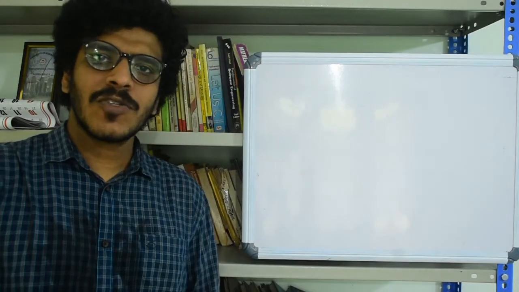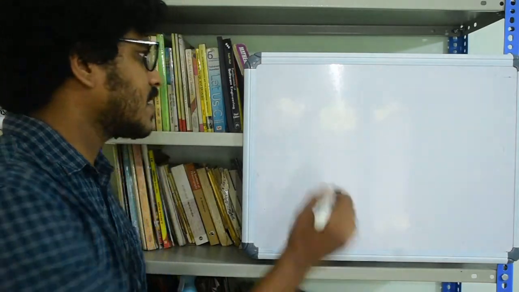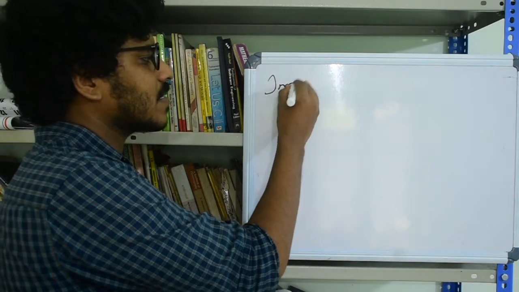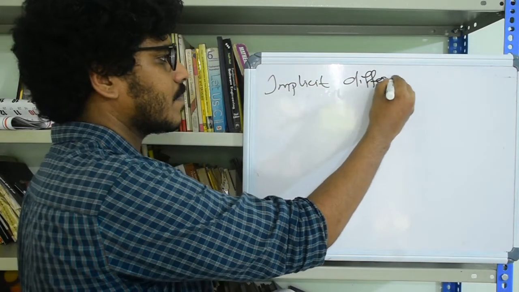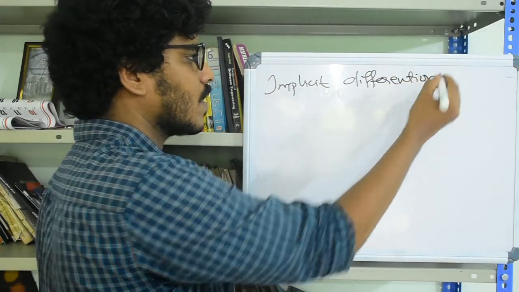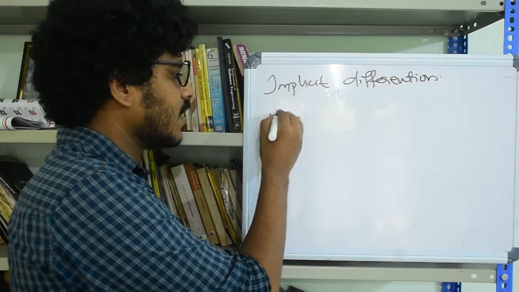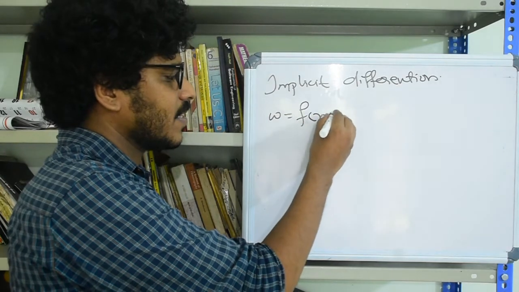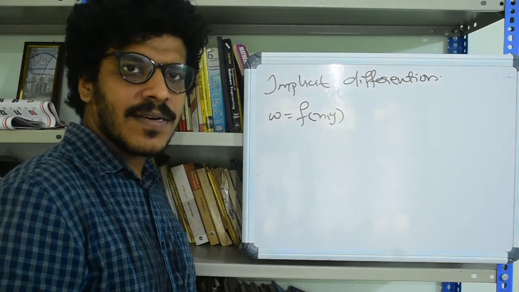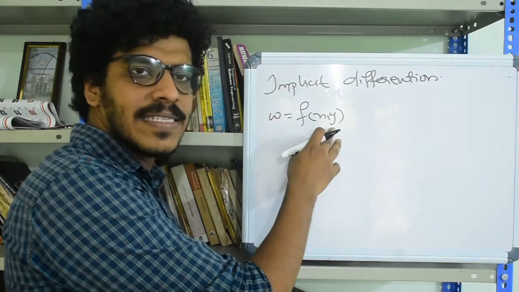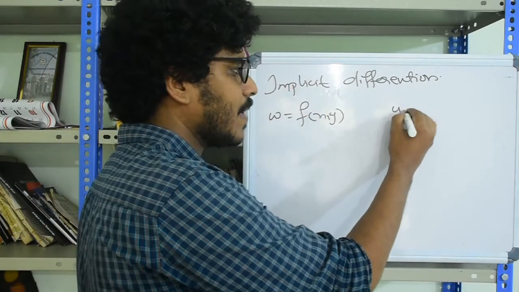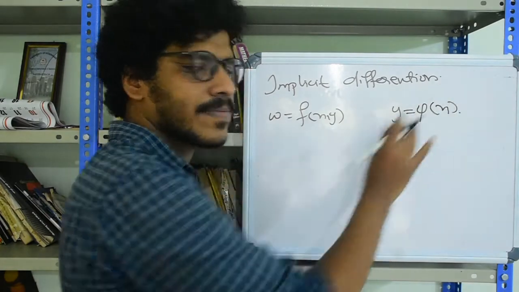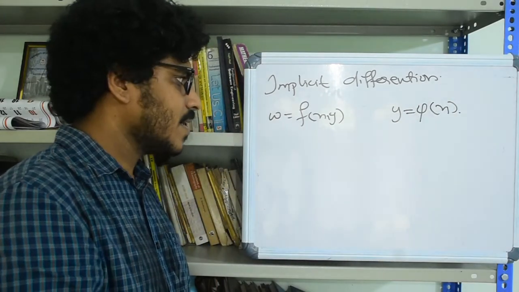So now one last topic for this session, which is implicit function and implicit differentiation. Suppose we have a function w equal to f of x, y, where y is an implicit function of x, which means y can be identified as a function of x, implicitly.